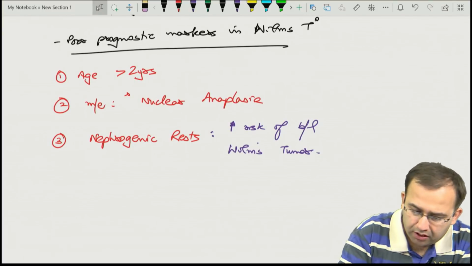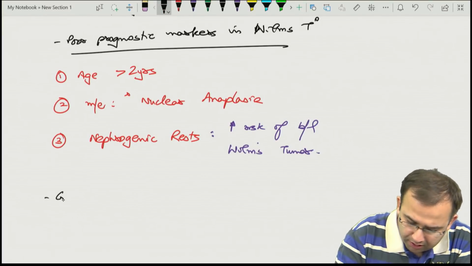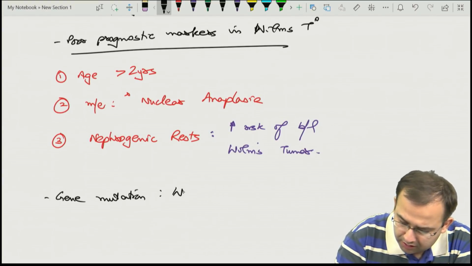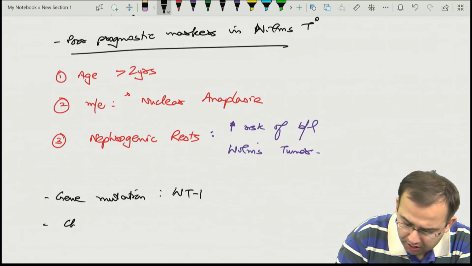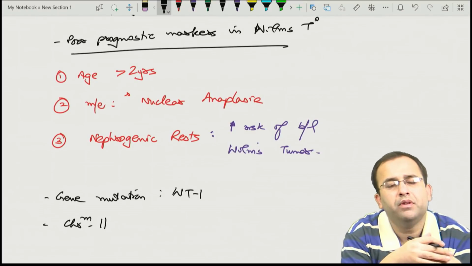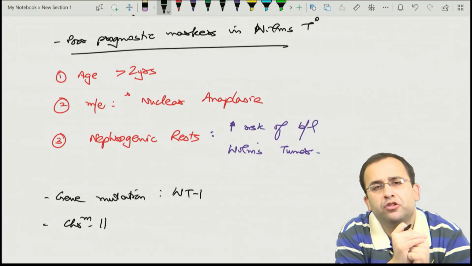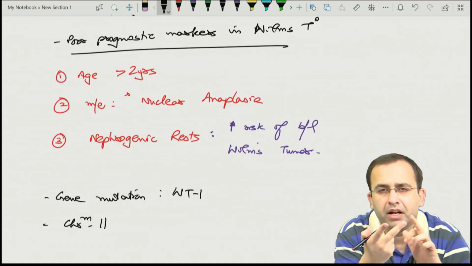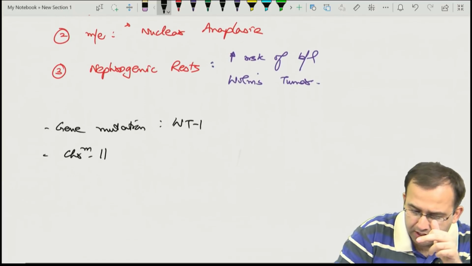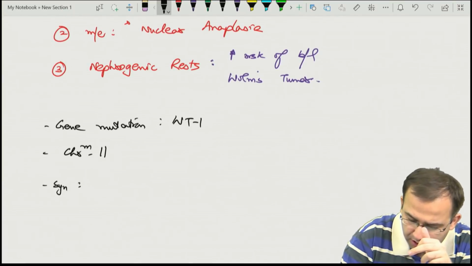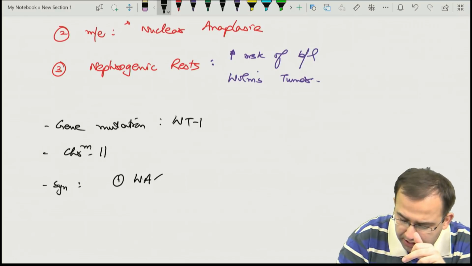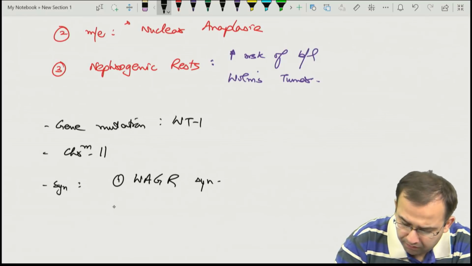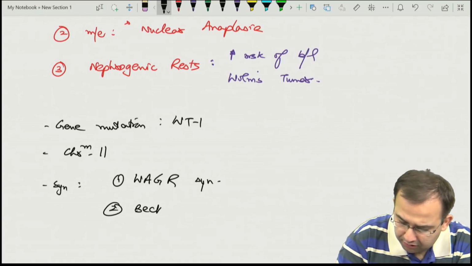Next point, the gene mutation. The gene mutation associated with Wilms tumor is the WT1 gene mutation, present on chromosome 11. Syndromes associated: WAGR syndrome, which is Wilms tumor, aniridia, genital abnormalities, mental retardation.